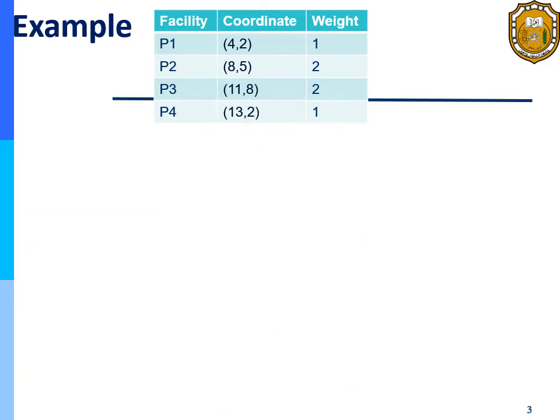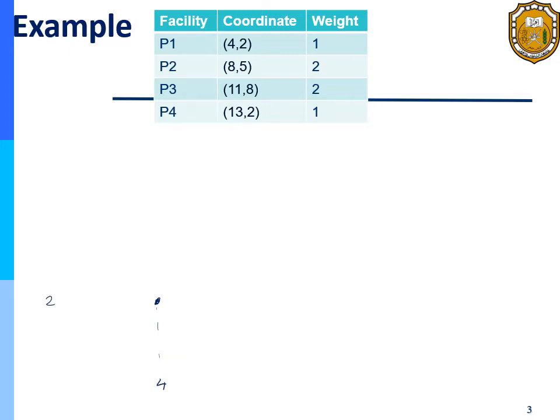Okay, what do we do? Initially, in the coordinate system, we sketch the existing facilities. So the first facility is at coordinate, let me see, 4 and 2. So let's say that this point is 4 and 2.